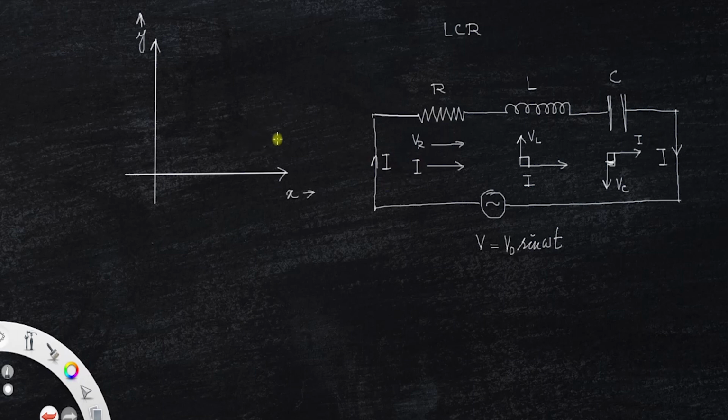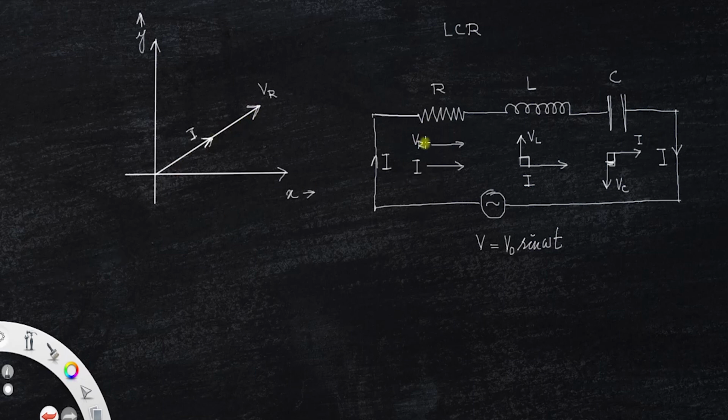So along the direction of VR, we can draw the current. So let this be the voltage across the resistor. With reference to this line, we can draw all other voltages. Let this be VR, and we have I, which is of magnitude less than VR but in the same direction. This is the direction of the current.